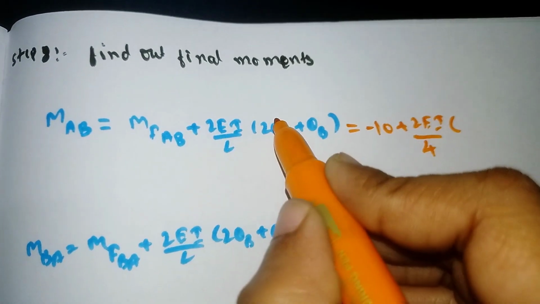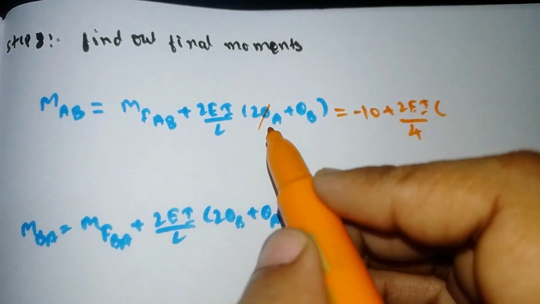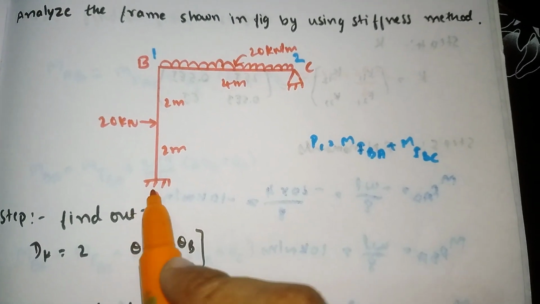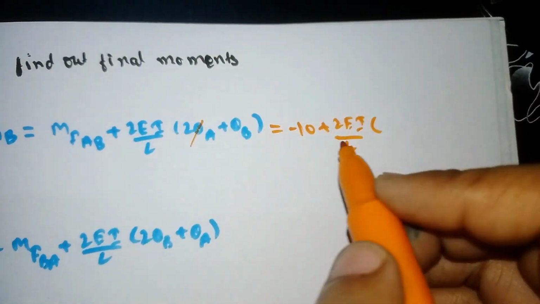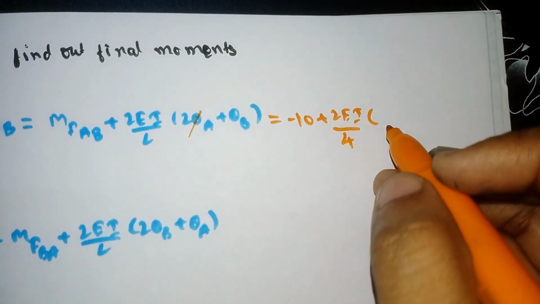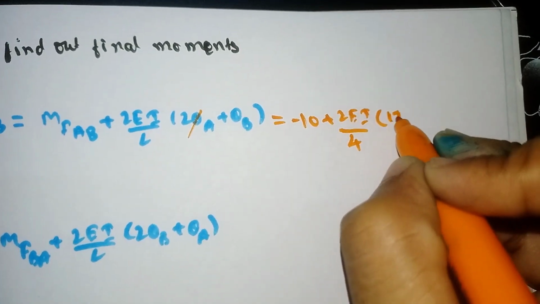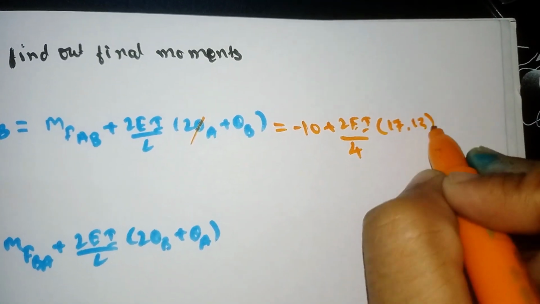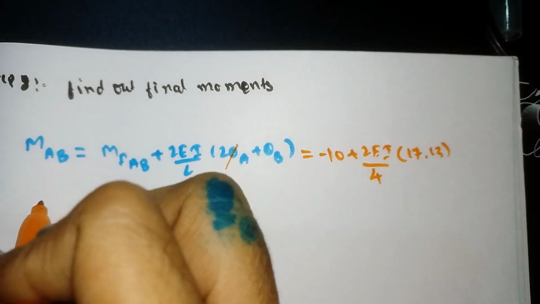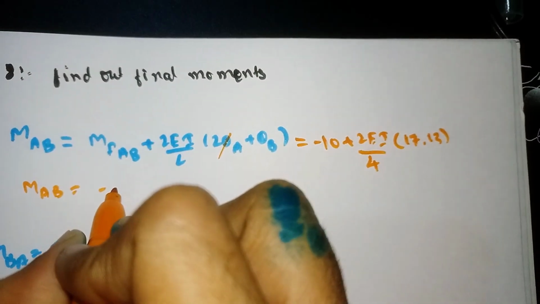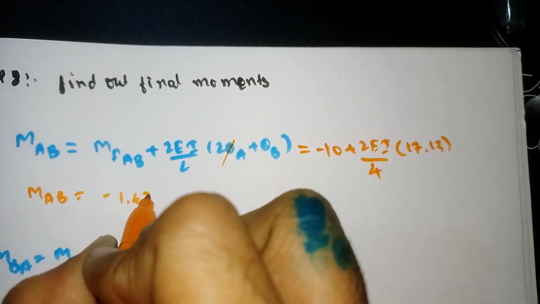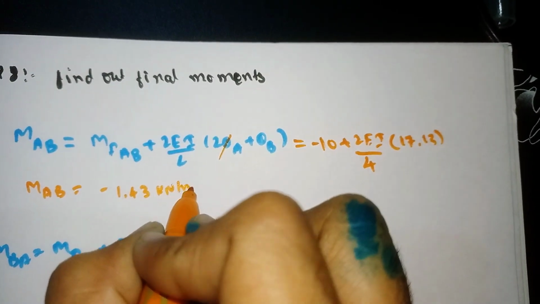At fixed end slope becomes 0. Here point A is the fixed end, so at fixed end slope is 0, so that's why it becomes 0. And theta B value we got was 17.13. So now by simplifying, our MAB value will come out as minus 1.43 kilonewton meter.